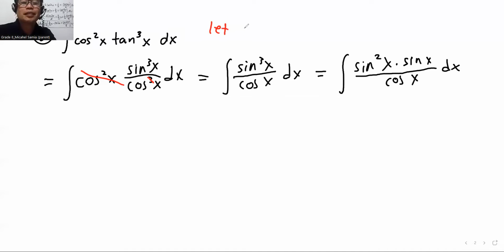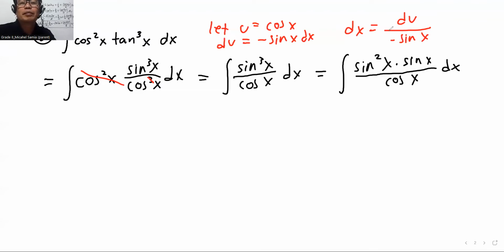Let u equals cosine x. So du will be equal to negative sine x dx. Move the dx: dx equals du over negative sine x.